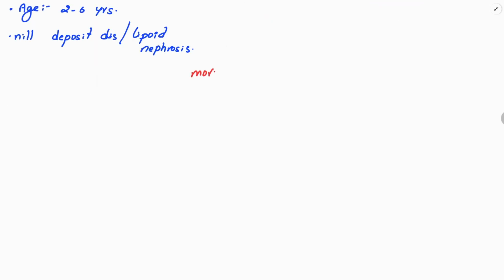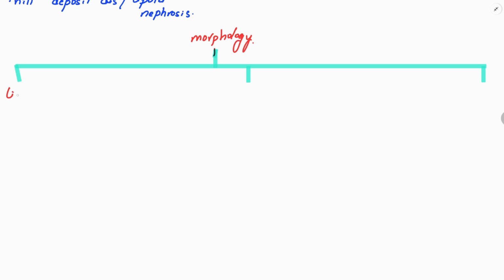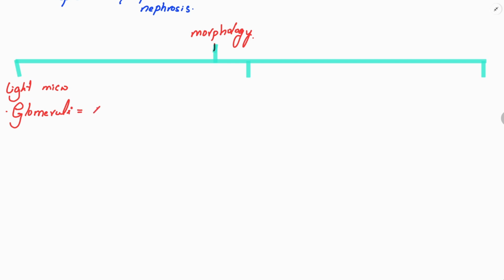Now the morphology. In light microscopy, the glomeruli will be normal. You can only observe lipid depositions in the tubules. And these lipids can also be seen in the urine. Hence, the urine is frothy in nature.